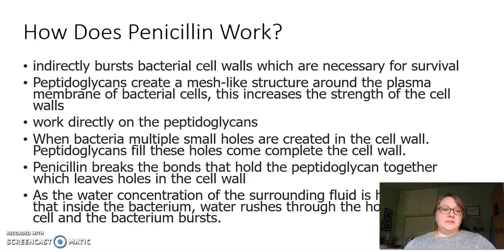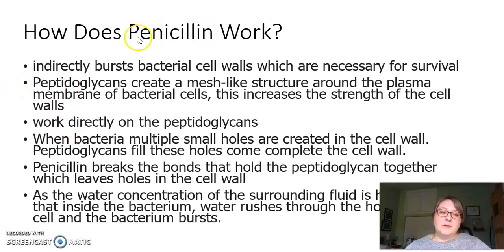So penicillin works by indirectly bursting bacterial cell walls. These cell walls are necessary for the survival of bacteria. So what happens is peptidoglycans create a mesh-like structure around the plasma membrane of bacterial cells, and that gives strength to the cell.